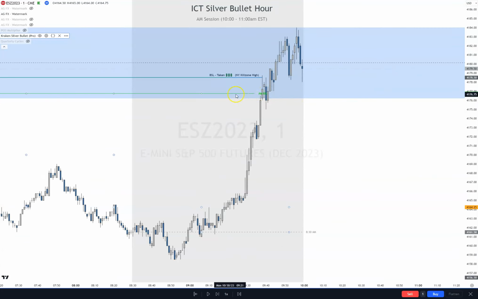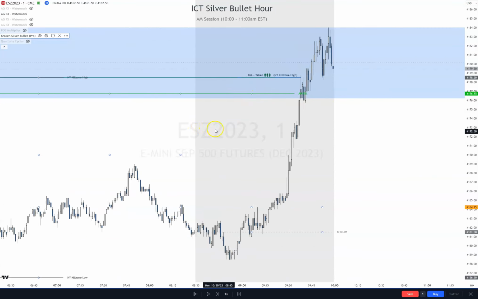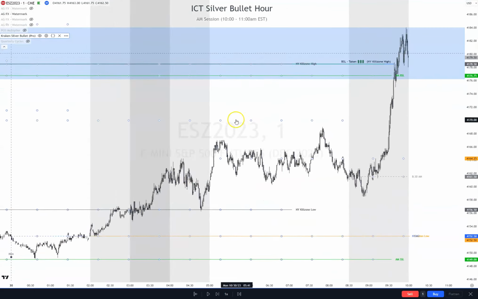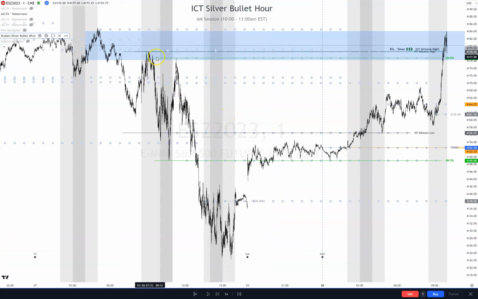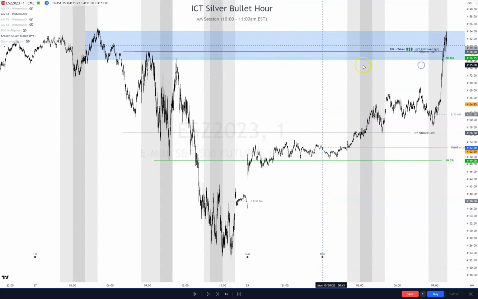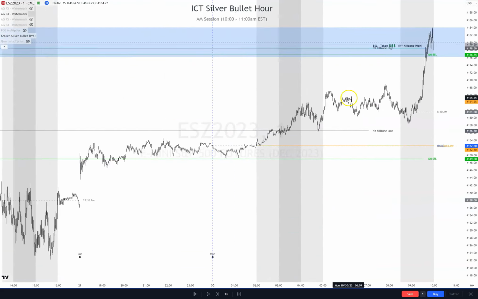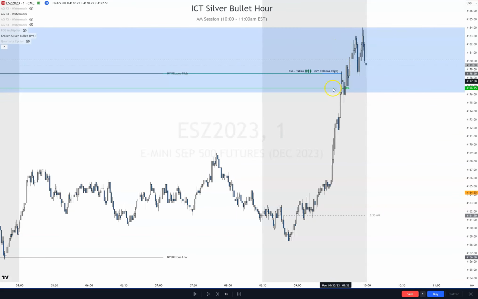It stops here. This starts from 9:30 on. So this is yesterday's. I'll show you it hasn't been taken. So here's yesterday's, the green line. Okay. So we just took sell side into a higher time frame PD array. All right. So let's see what we have down here.